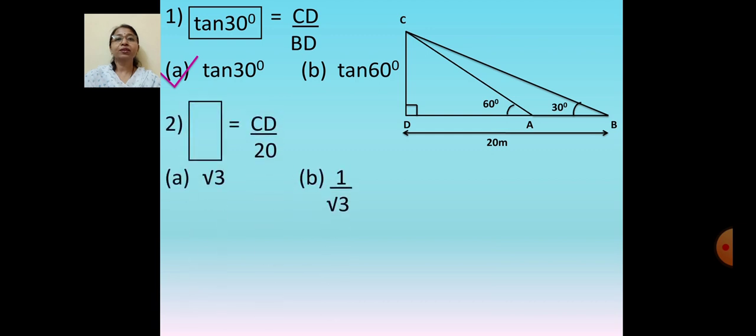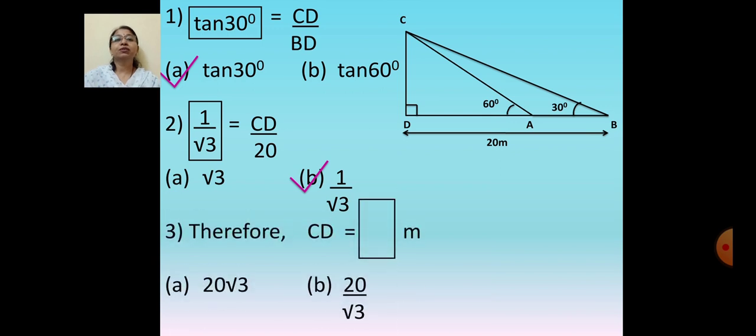Now the second one, dash is equal to CD upon BD length substituted. So what is the value of tan 30? The value of tan 30 is 1 upon root 3. So the correct option is B. So 1 upon root 3 is equal to CD upon 20.